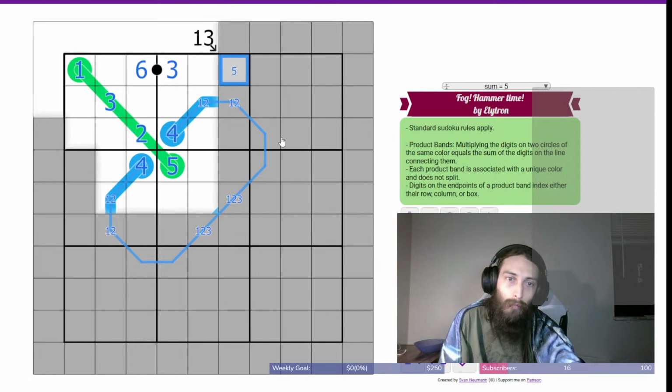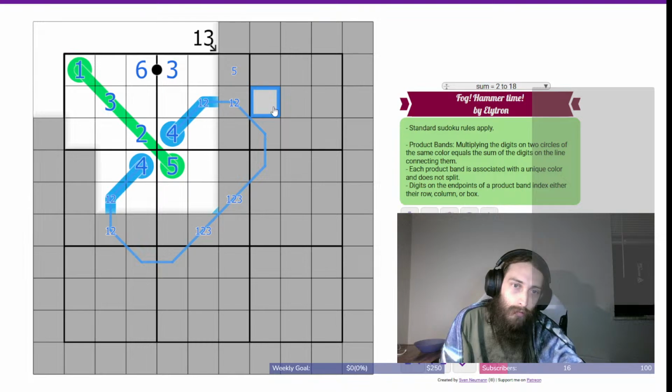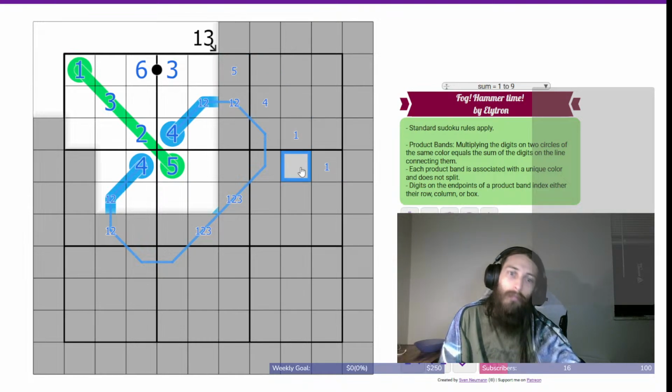Well, that's minimum 5, minimum 4. That could be a 1, and that a 1. Which is 11.